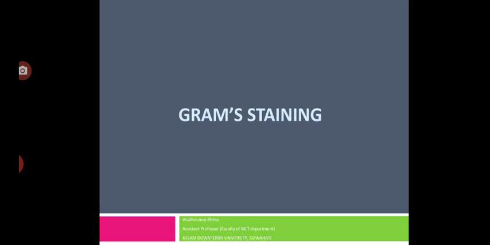A staining technique is a technique done in the lab which involves the use of various staining reagents or staining solutions which stain the particular microorganisms, and then they are viewed under the microscope where the particular microorganisms can be detected or used for the diagnosis of the disease.